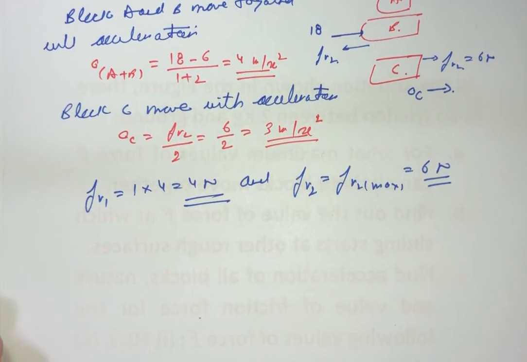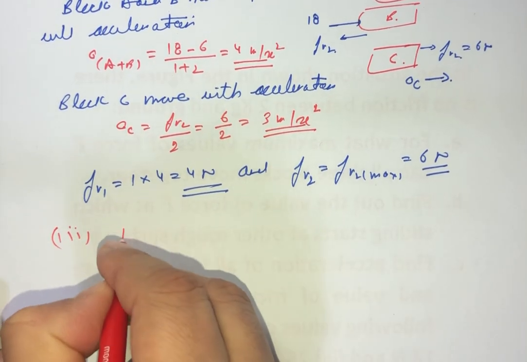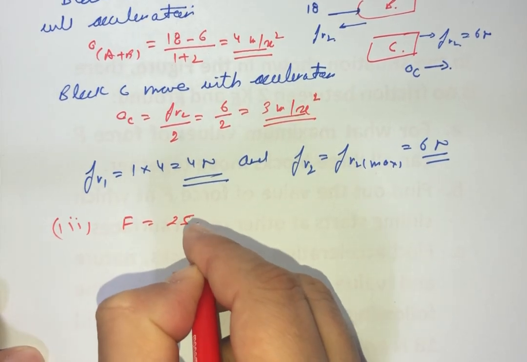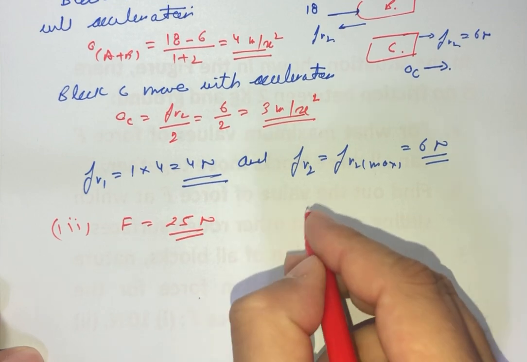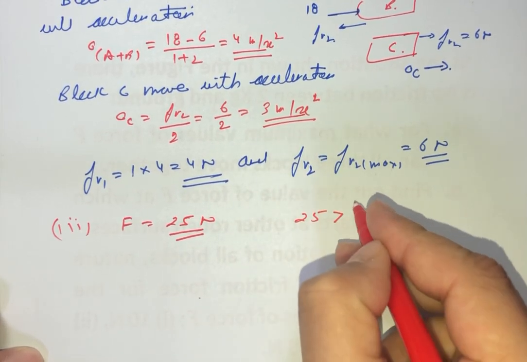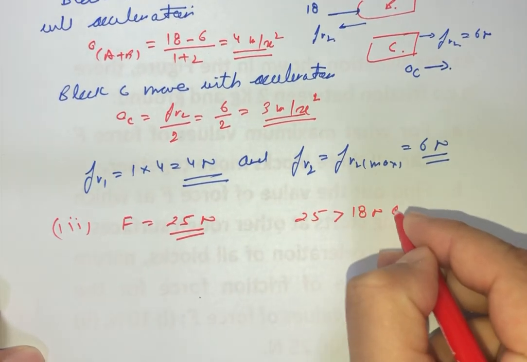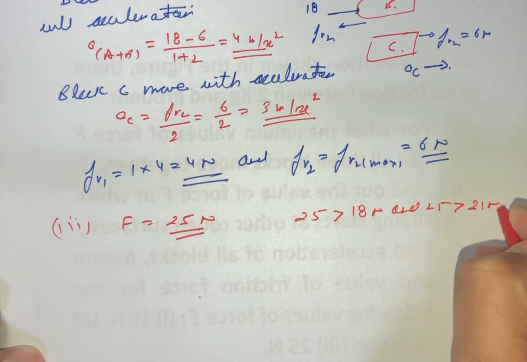Now we come to the third part. Applied force F is now 25 Newton. Now this 25 Newton is greater than our 18 Newton, and 25 Newton is also greater than 21 Newton.